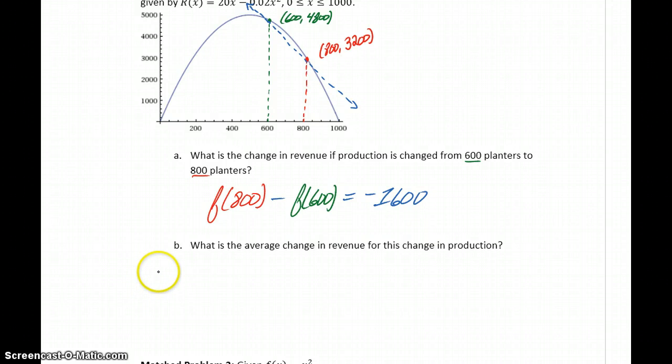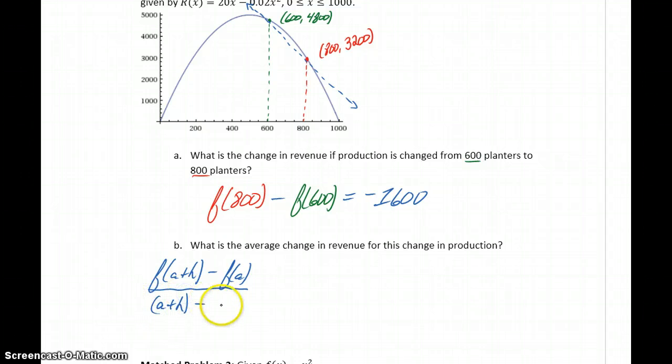We can start off with the general form, which is f of a plus h minus f of a over h, or actually let's just keep it in the original form, a plus h minus a.